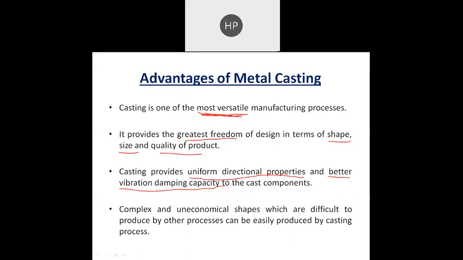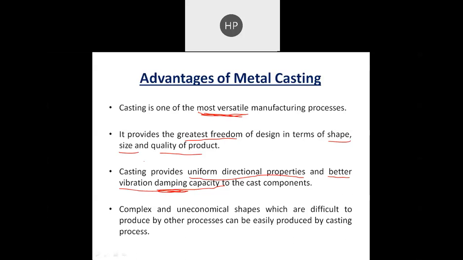And damping of the vibration is very important, because in a machining operation, when you cut a metal with any cutting tool, lots of vibration is generated, and due to that vibration the surface of that product will be affected. It will not be uniform. It will not be within the dimensional tolerance.